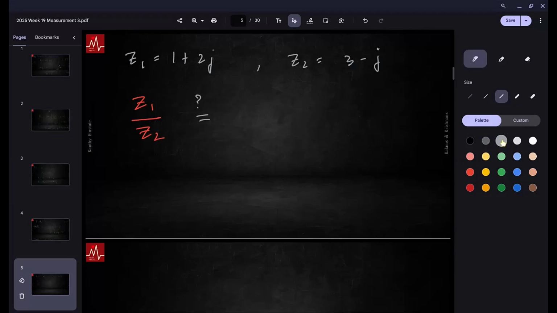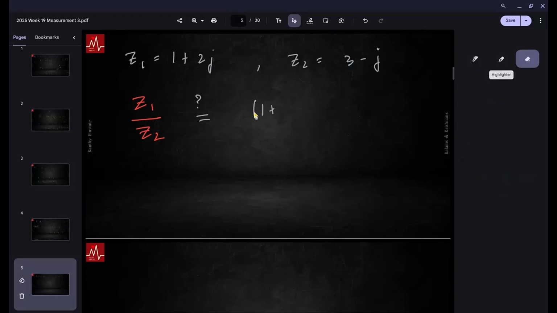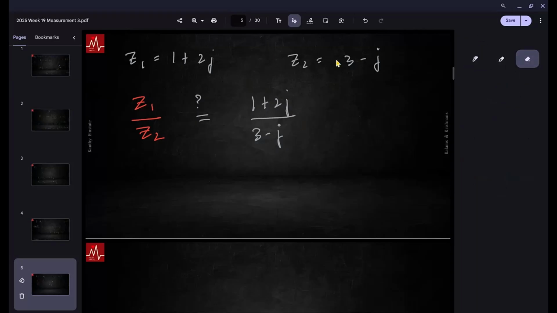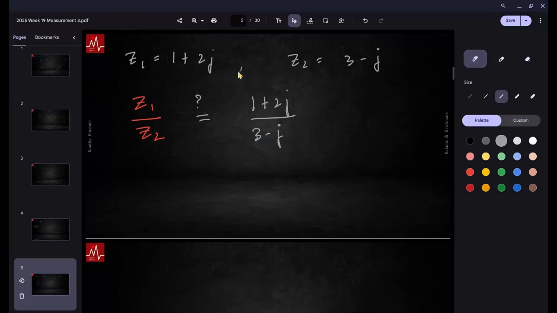So what we are looking for is 1 plus 2j divided by 3 minus j. How do you do this? Vector division is not defined. Complex number division is defined. So you can do this division.